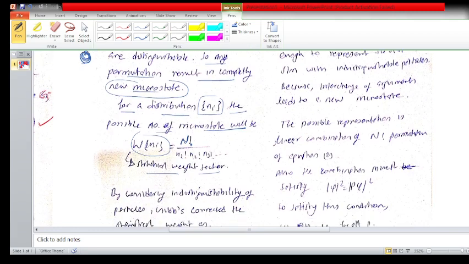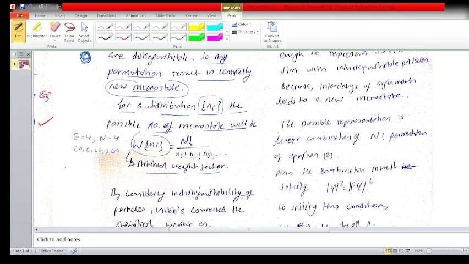For example, consider a system with total energy of 4, and the total number of particles is also 4. Let's say the energy levels are 0, E, 2E, 3E.